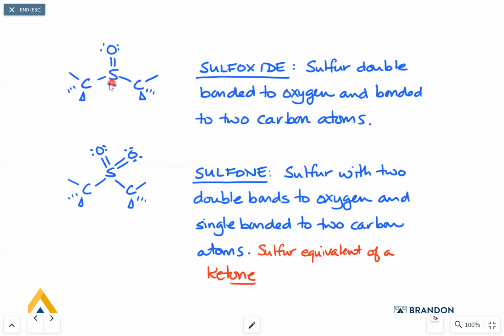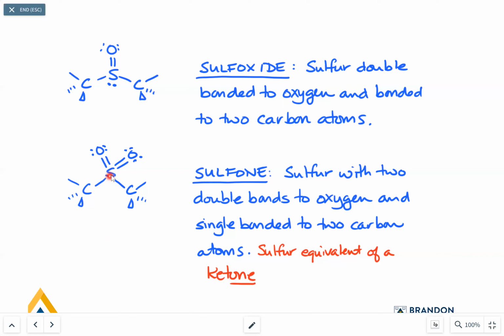The only difference is that sulfur can have an expanded octet, so it's got these lone pairs here. And then we've got sulfone, where the sulfur is fully oxidized. So there's 2 double bonds to oxygen. So this always reminded me of sulfone, sulfoxide, when there's just 1.